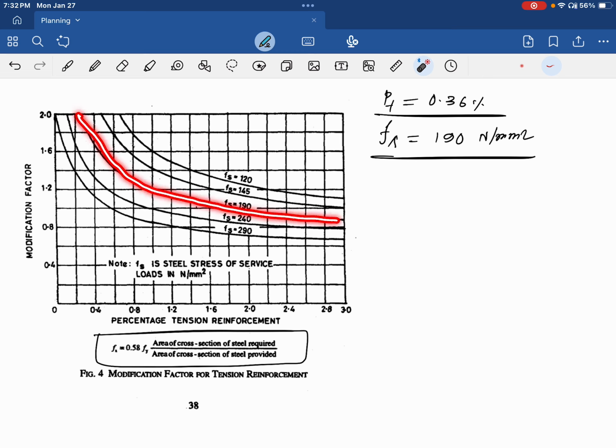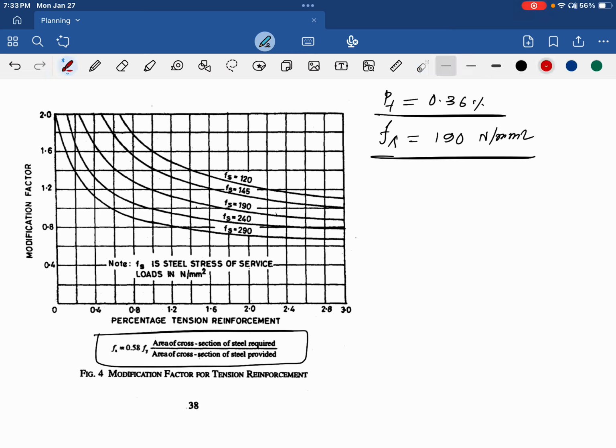This is our curve from where we need to find the modification factor, and percentage of steel is 0.36. This is 0.2, this is 0.3, and 0.36 will be somewhere in between 0.3 and this point. So it will be somewhere here, right?